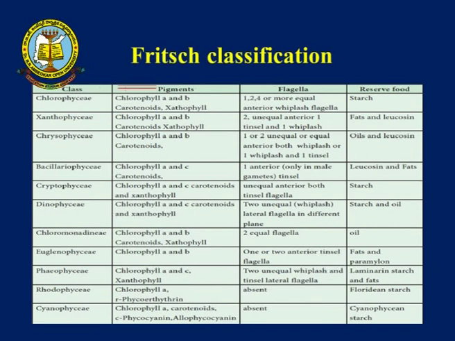Fritsch's main criteria are pigments, flagella and reserve food material. He classified the algae into 11 classes: Chlorophyceae, Xanthophyceae, Chrysophyceae, Bacillariophyceae, Cryptophyceae, Dinophyceae, Chloromonadineae, Euglenophyceae, Phaeophyceae, Rhodophyceae, Cyanophyceae.